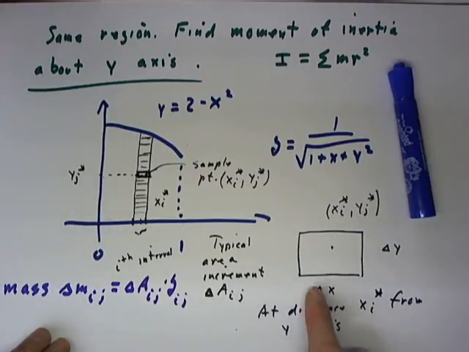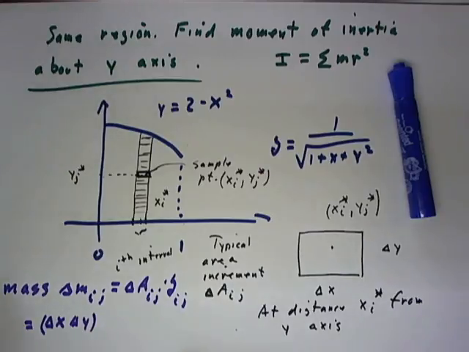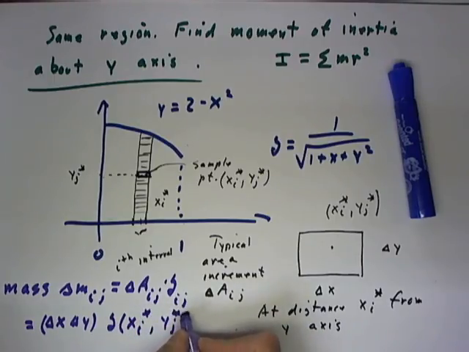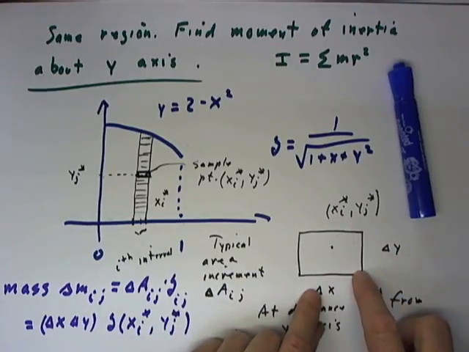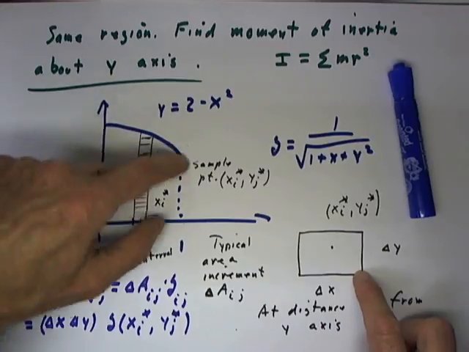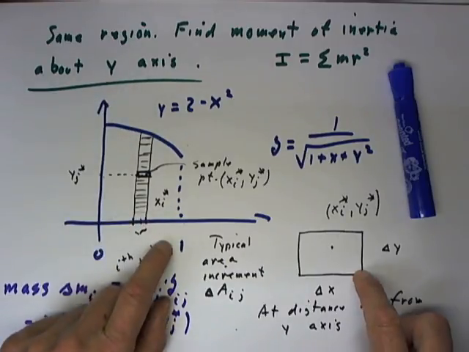The area is just delta x times delta y, multiplied by the density ij, which is just the density at the sample point, x sub i star, y sub j star. So we have a representation of the approximate mass corresponding to this rectangular subregion of our plane region defined by this graph.